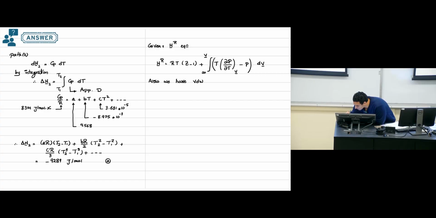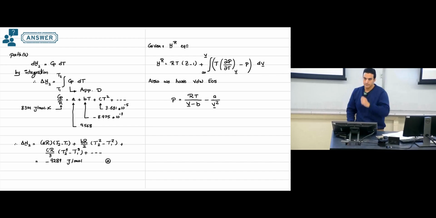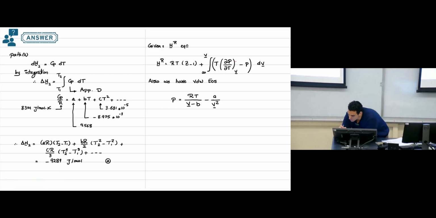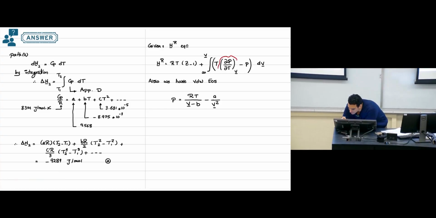Also we have van der Waals equation of states. And van der Waals equation of states says pressure is RT over V minus B minus A over V square. So we will use the equation of states to find this term.